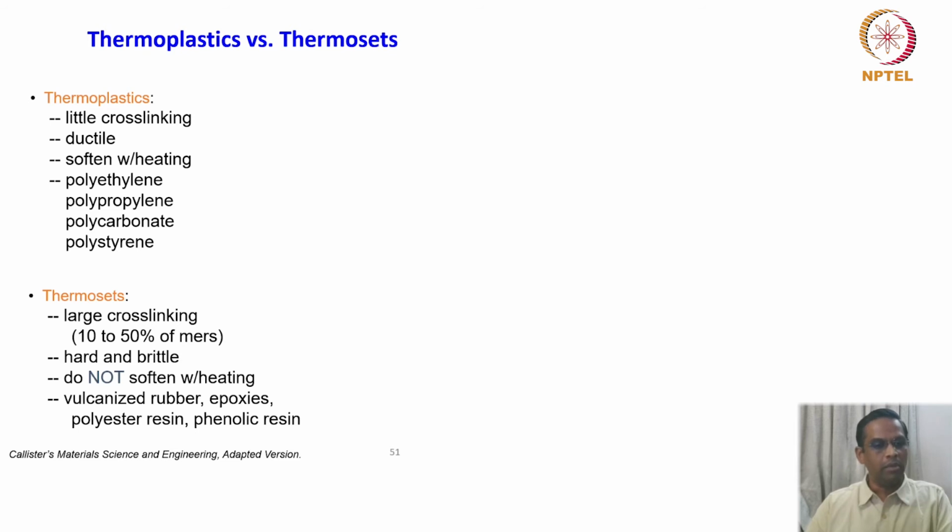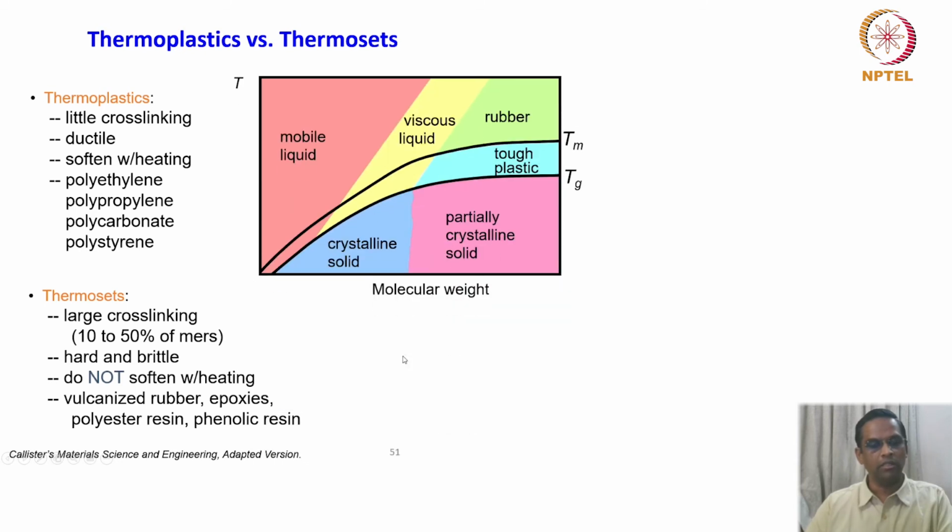They have primary bonding, and 10 to 50% of them are cross-linked. They are hard and brittle. They do not soften while heating. Examples are vulcanized rubber, epoxies, polyester resin, and phenolic resin. Okay, so these are the examples for thermosets and thermoplastics.